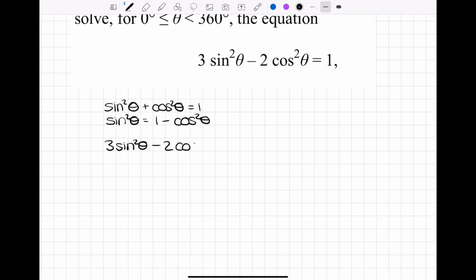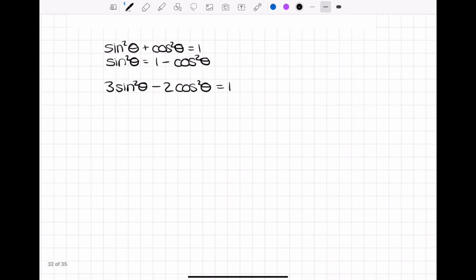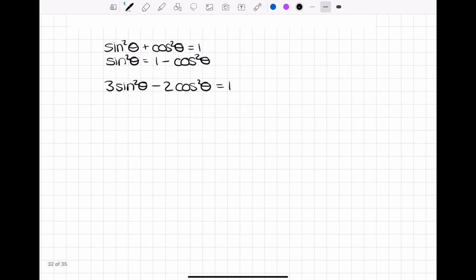So from the equation that we have, if I sub in what I know for sine squared, so that's 1 minus cos squared, I have 3 times 1 minus cos squared, minus 2 cos squared theta equals 1.